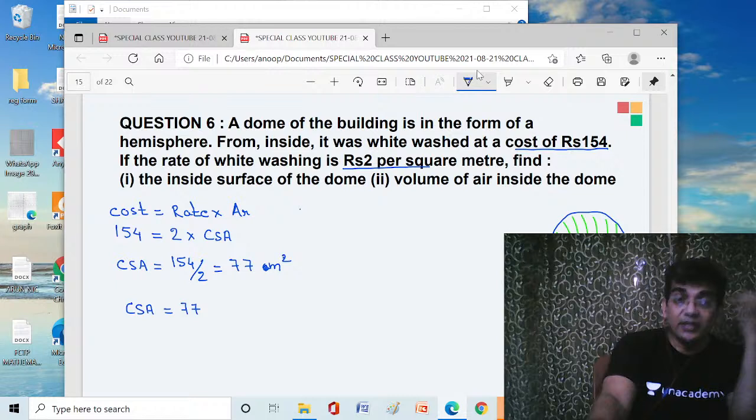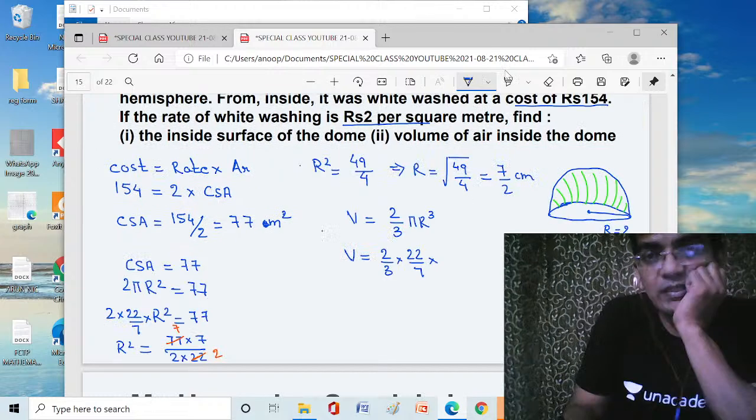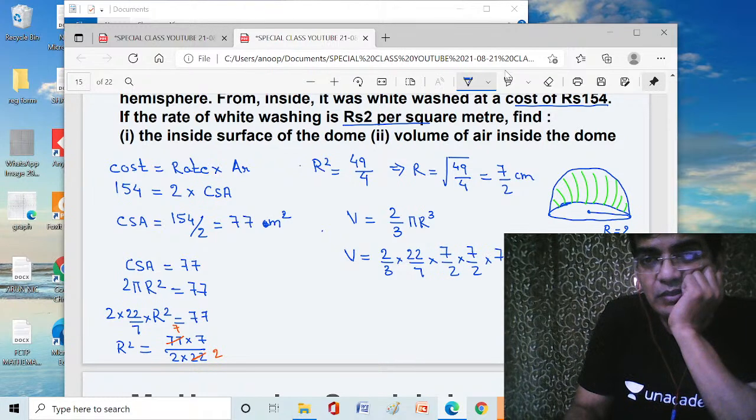The volume formula, this is a hemisphere, so 2 by 3 pi r cube. Pi is 22 by 7 and the radius we have calculated is 7 by 2. So it is r cube, 7 by 2, 7 by 2, 7 by 2.